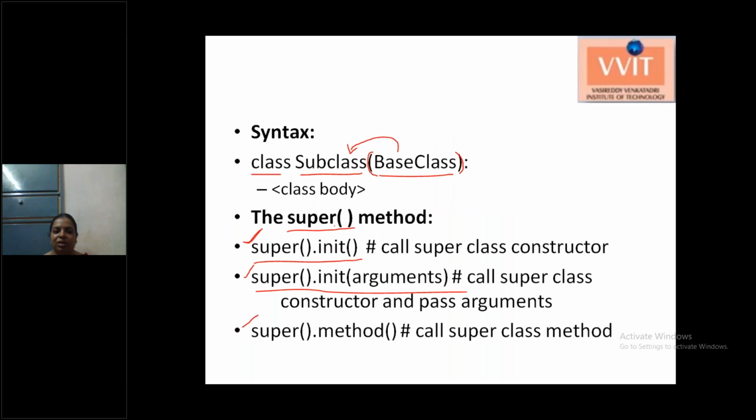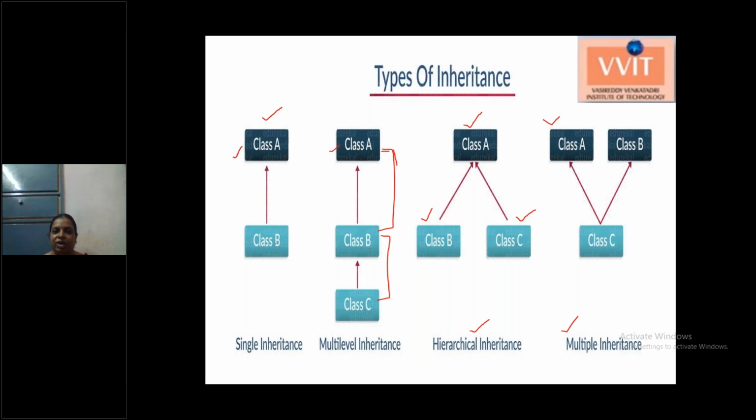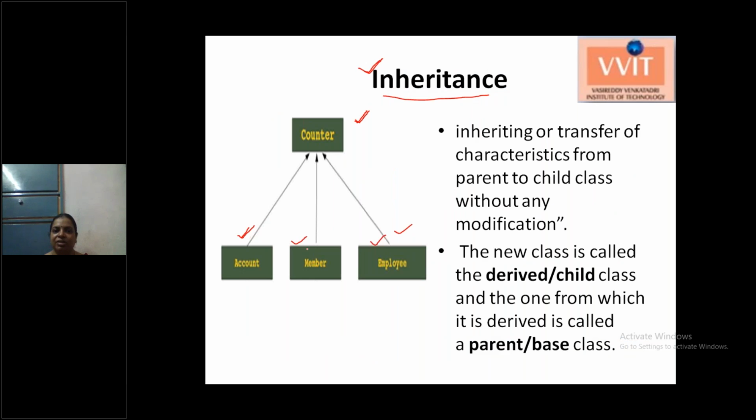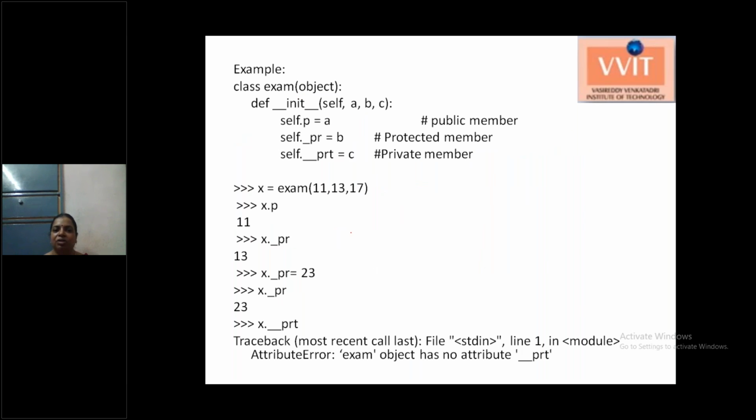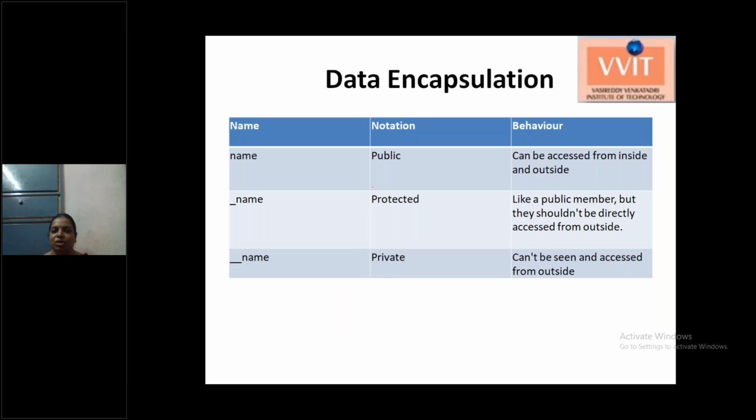We have learned how to specify the child class for the base class, how to access the base class members with the super method, and types of inheritance. And we have completed the types of variables, class and object variables, and we have seen how to create encapsulation based variables. So these are the topics we covered today.